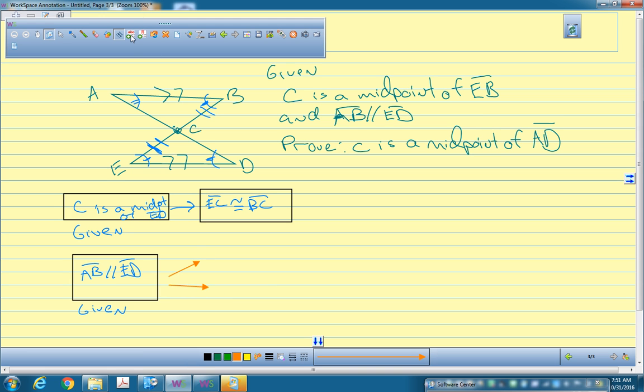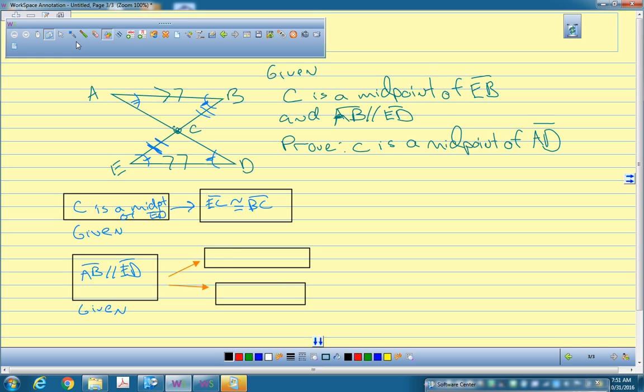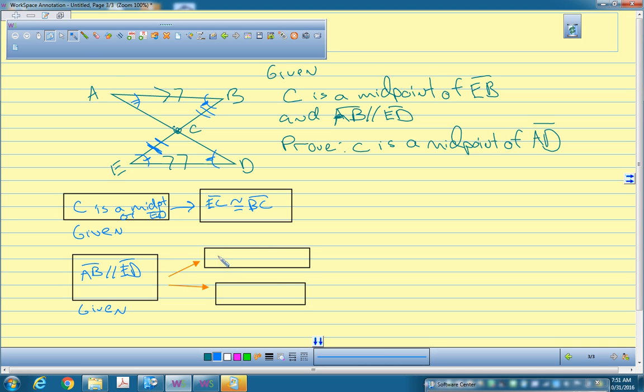One is that angle A is congruent to angle D. And also angle B is congruent to angle E. And the reason for both of those is alternate interior angles.